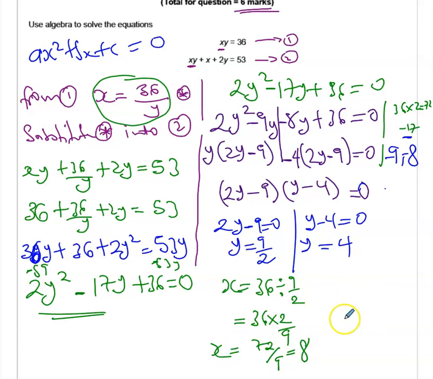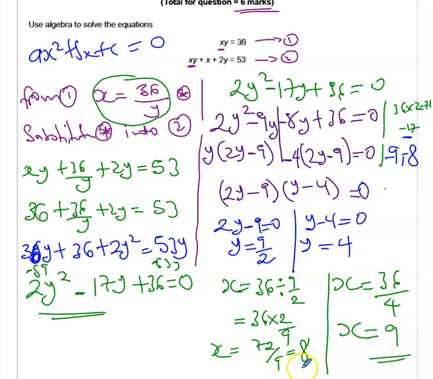Okay, so we have our first value, x being 8. In the next case, where y is 4, again our x is going to be 36 divided by 4, leaving you with x to be 9.